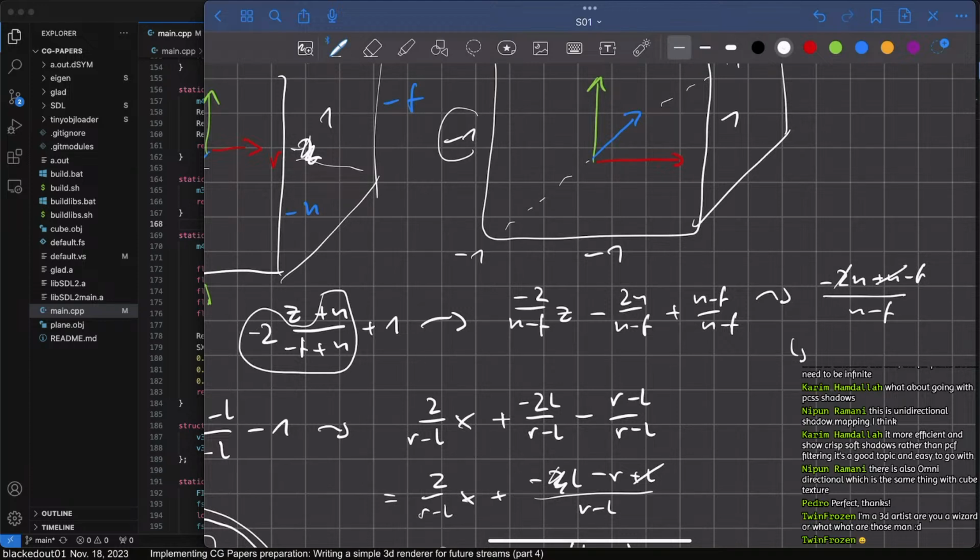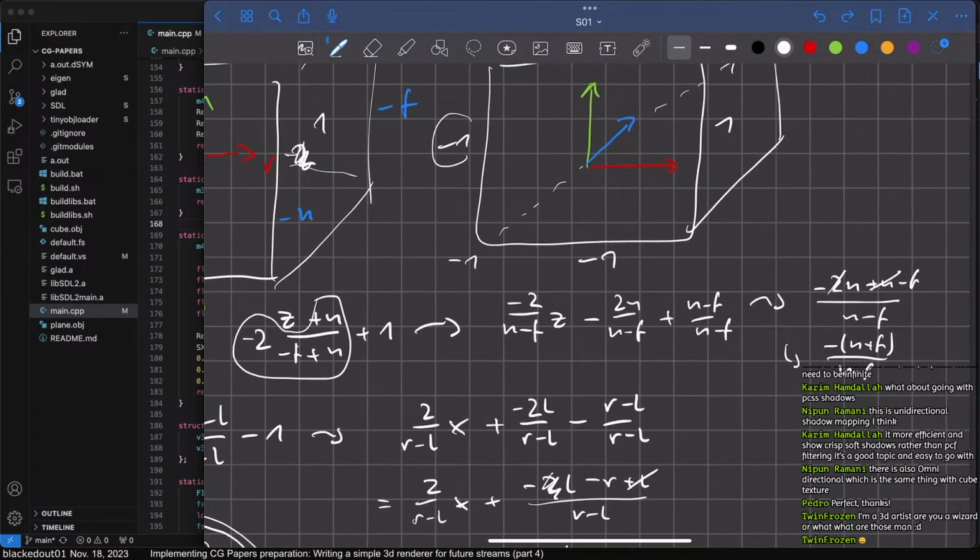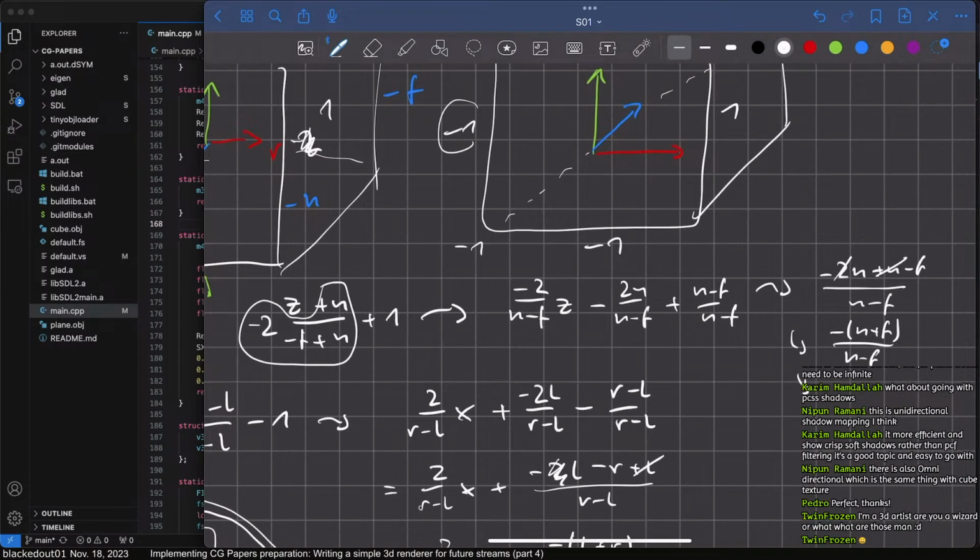So we have minus n plus f over n minus f, and then we can distribute the minus again. So I think this is correct.